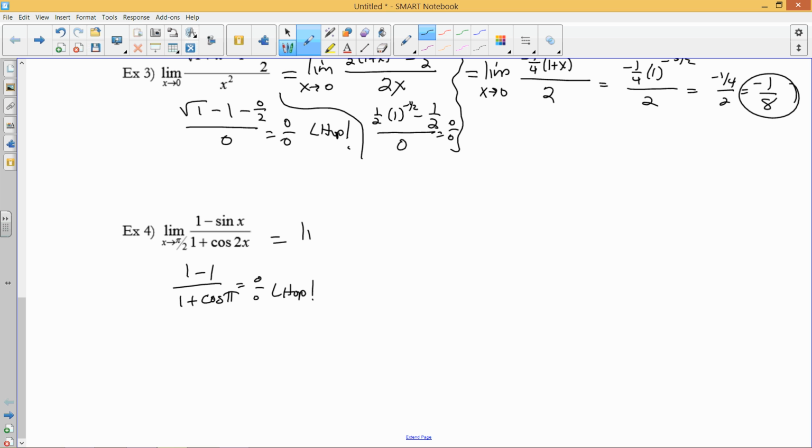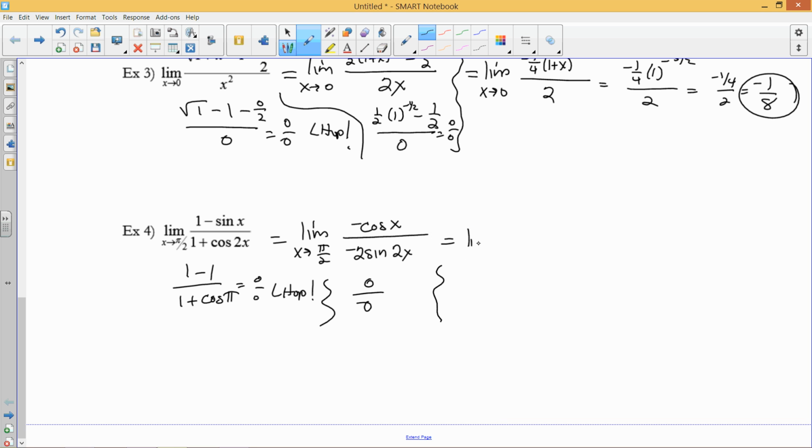So now I'm going to take the limit as x approaches pi over 2 of the derivative of the top, negative cosine x, the derivative of the bottom, negative 2 sine 2x. Now I'm going to plug in pi over 2. Well, I'm kind of anticipating that this is going to be 0 over 0 by looking at it, which it is. This is going to be 0 over 2 sine pi, which is another 0. L'Hôpital again. Limit as x approaches pi over 2.